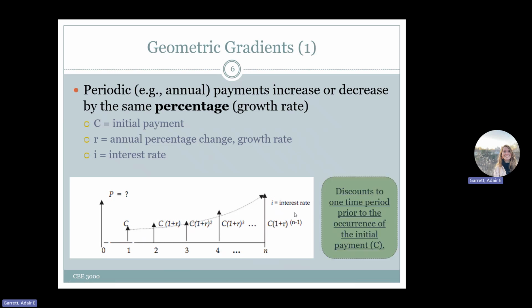Another note about geometric gradients versus arithmetic gradients is that we discount to 1 time period prior to the occurrence of the first payment. That would be the first occurrence of C. So for example, here, C occurs at year 1. So when we discount it to the present value, it would discount to year 0.